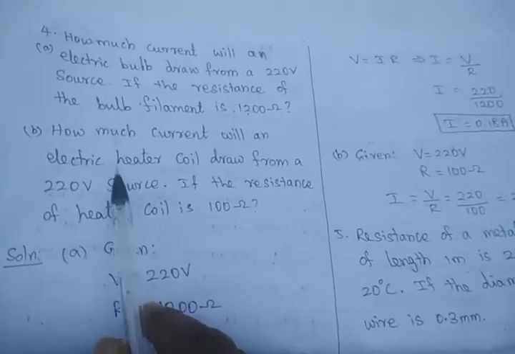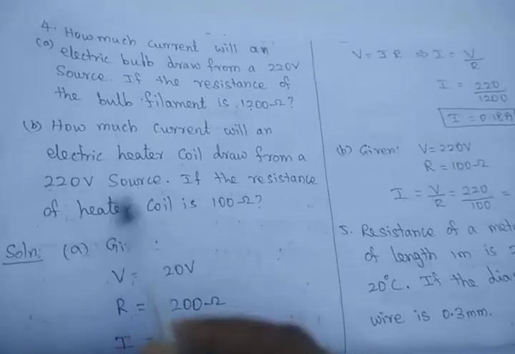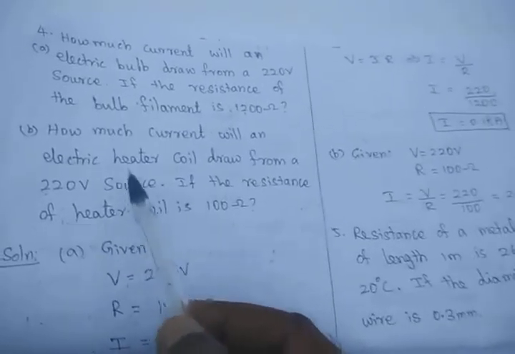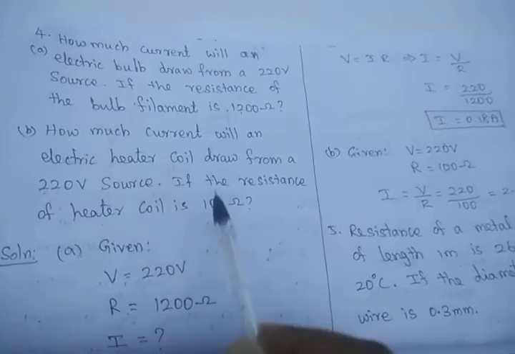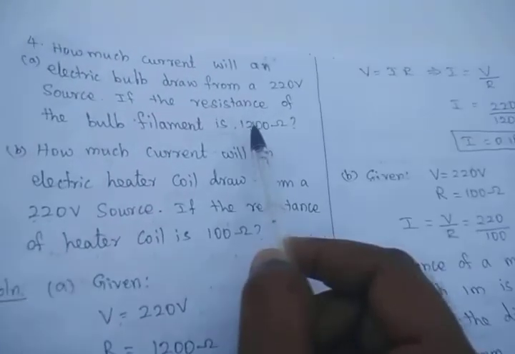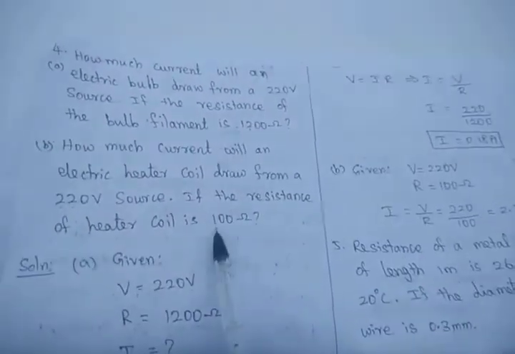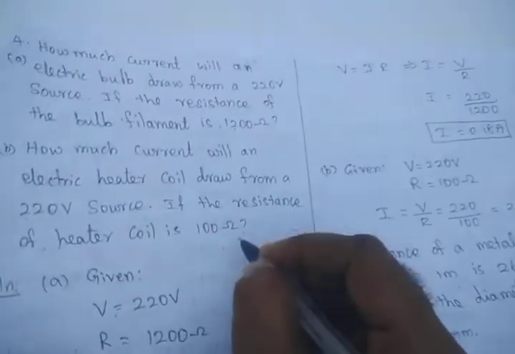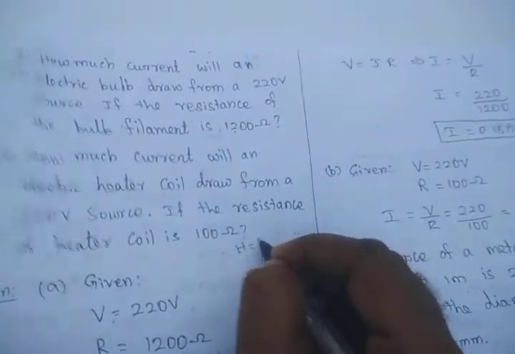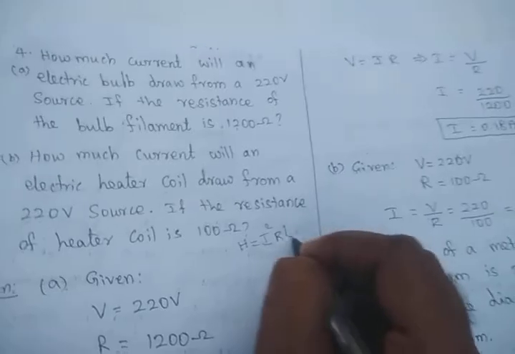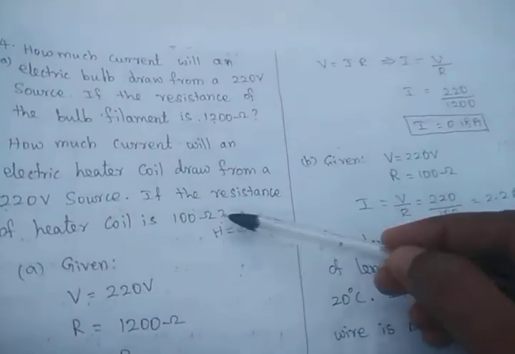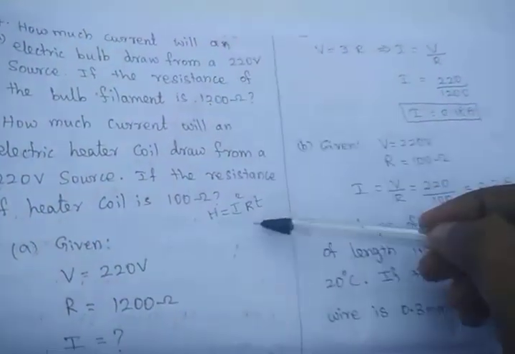I will clearly explain one more thing. The heater is used to heat the water, so it is an electrical water heater coil, and its resistance is less than that of the electric bulb. Here for the electric heater we use the formula H is equal to I squared RT. The resistance is less, but compare the current.